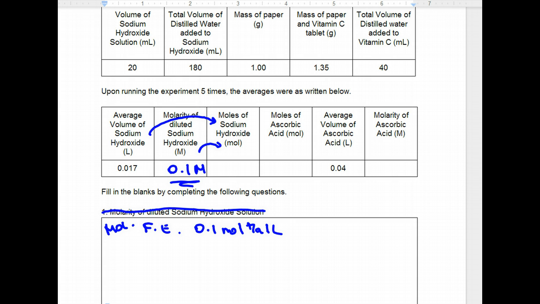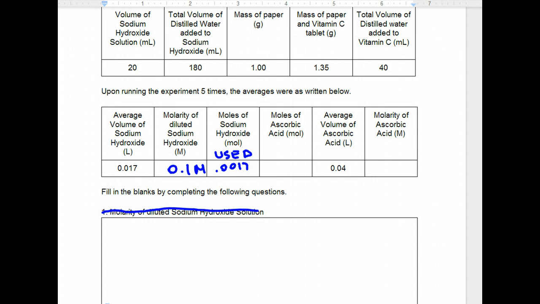We have to figure out how many moles of sodium hydroxide used in this much liters worth. So this is 0.017, so we're multiplying by 0.017. If you do the same thing there, what we should get is 0.0017 moles, 0.0017 as the number of moles of sodium hydroxide, and we got that using the previous two boxes.